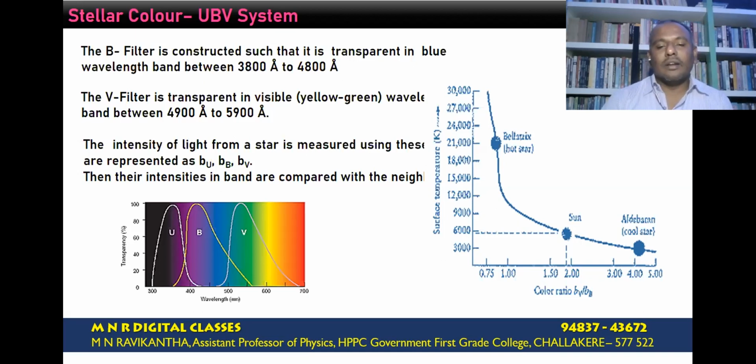For a cooler star, Aldebaran, its surface temperature is around 3000 Kelvin. For a hotter star like Bellatrix, the surface temperature is about 21,000 Kelvin. So similarly, if we have any unknown star, its color ratio is determined, then it is plotted on this calibration curve to estimate its surface temperature and hence the color.